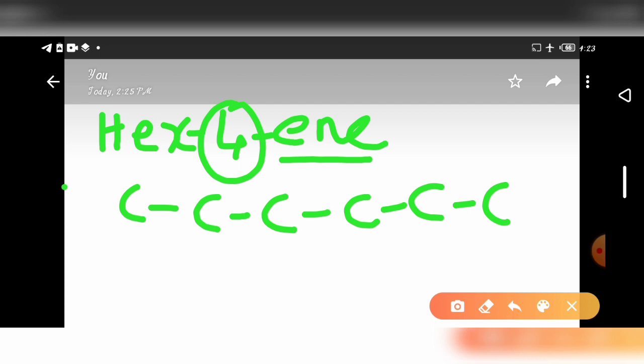You can draw the double bond in either direction, left to right or right to left. So first carbon, second carbon, third carbon, 4th carbon. In this carbon you have to draw the double bond. Here you put the double bond. Okay, it is completed.